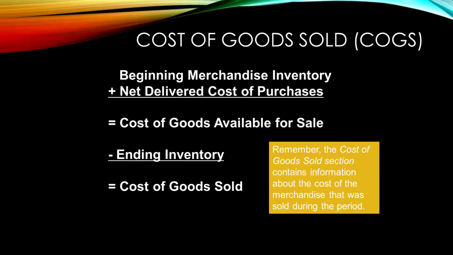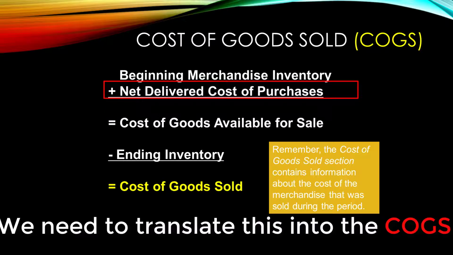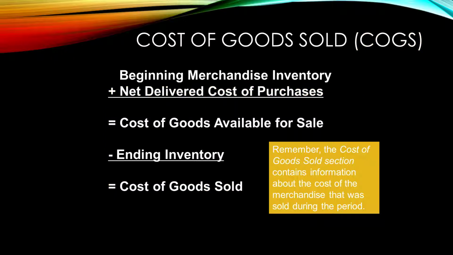In the last slide, you saw the cost of the goods purchased. Remember what we're computing, it's the cost of the goods sold. So on this slide, you'll see the net delivered cost of purchases, what we just computed previously, adjusted for inventory.